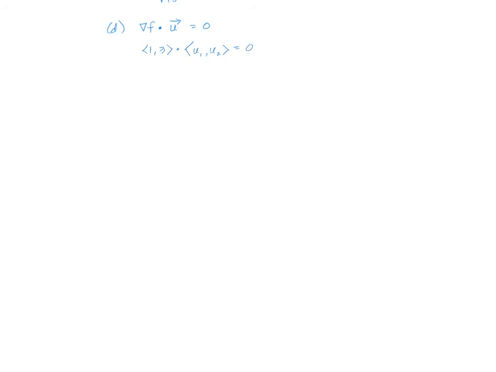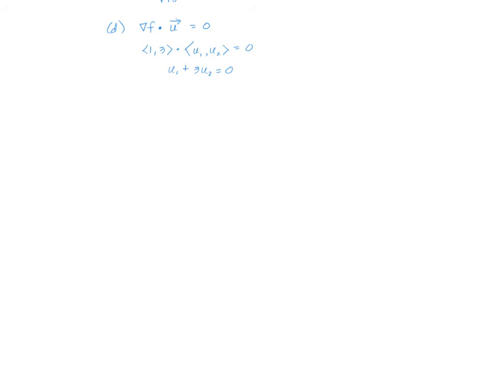If I compute this dot product, I get u sub 1 plus 3 times u sub 2 is equal to 0. So sometimes you get lucky and the equation that you get when you do the dot product is solvable, but this one's not. I don't get a unique solution because I have two variables in one equation.